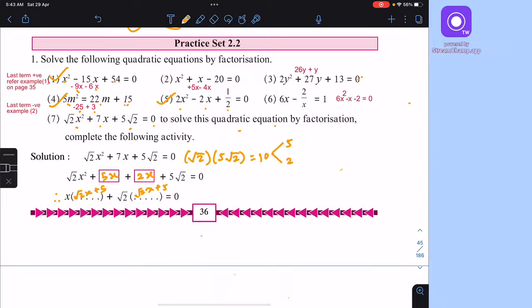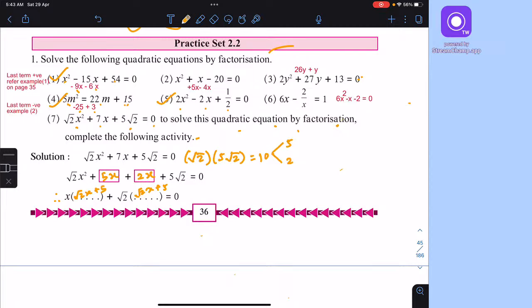To solve this quadratic equation by factorization, complete the following activity. This type of sums are asked in board examination. So whether it is given for practice or as a short example, you should understand and try to do it in the examination.